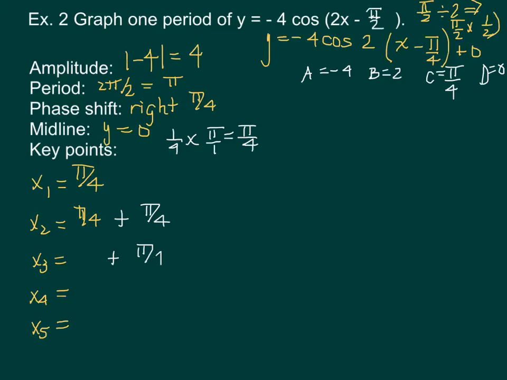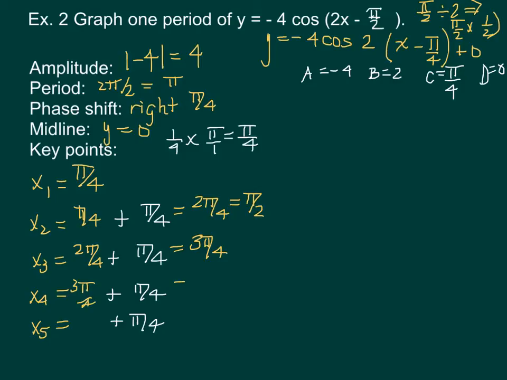I just went ahead and set this up so it's already ready. So for the first one, we're adding pi over 4 plus pi over 4, which is 2 pi over 4, and you can reduce it. 2 pi over 4 plus pi over 4 is 3 pi over 4. 3 pi over 4 plus pi over 4 is 4 pi over 4, and you can reduce it if you would like.